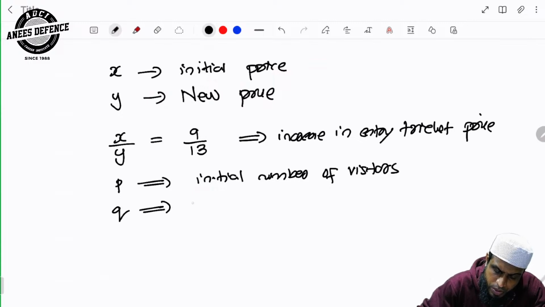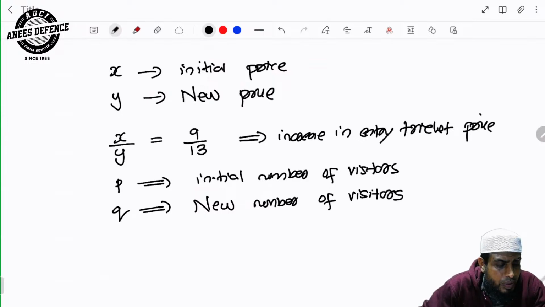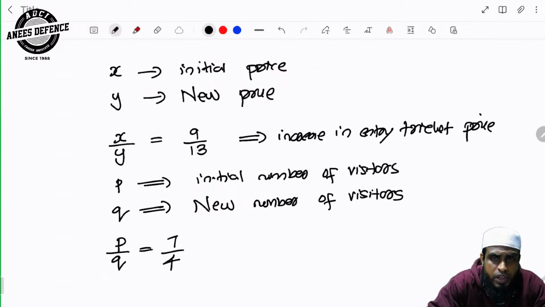Q, new number of visitors. Then this P by Q is given as 7/4. So the ratio between the number of visitors is 7/4. In what ratio has the total collection increased or decreased?